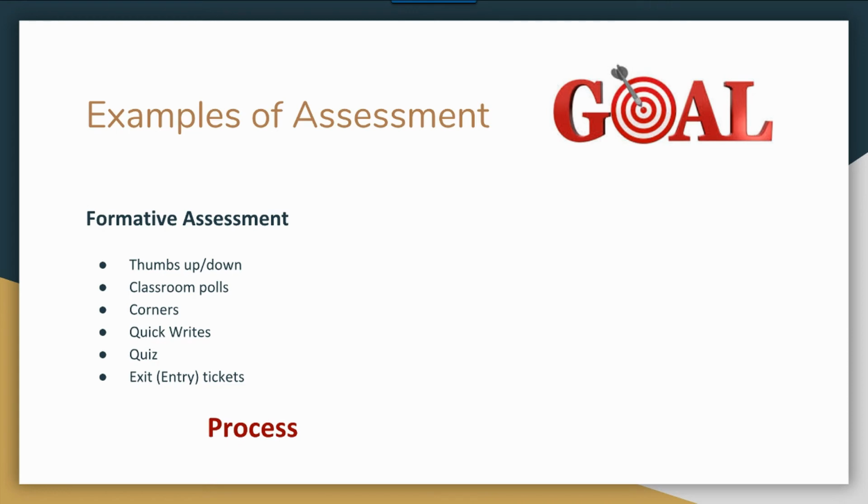Corners. This is a neat one because, and you're all feeling this now, you've been sitting here almost 2 hours, and you're ready to move. Well, not yet. But if we were doing corners, every corner of the room would be a different answer. What's your favorite season? Okay, winter, spring, fall, summer. And everybody would get up and move to the appropriate corner.